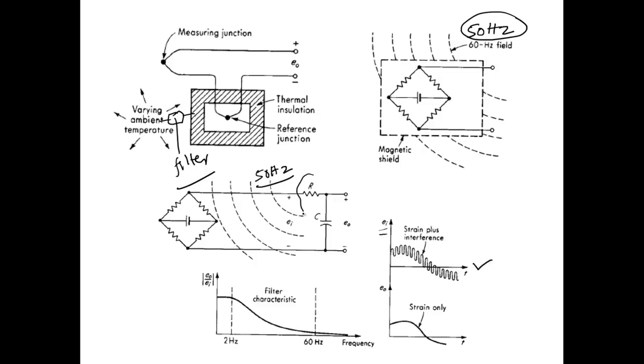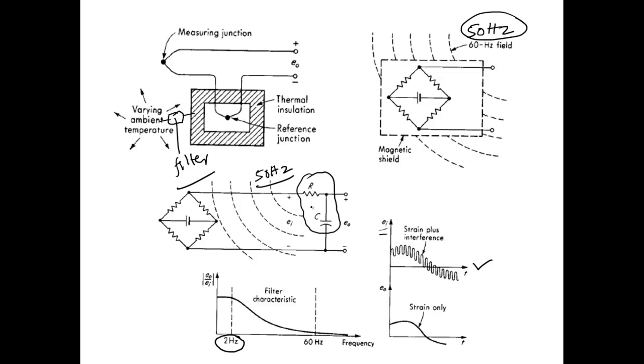But you can always put an RC filter in the circuit itself, if you can measure the frequency of this, and you know the maximum frequency with which the strain changes, which in some cases we see is not more than 2 hertz. So we can have what is called a low pass filter or high pass filter that we use in electrical and electronic engineering. These filters can be employed. This is more of a passive filter, where we have an RC filter. You must have studied this earlier also.